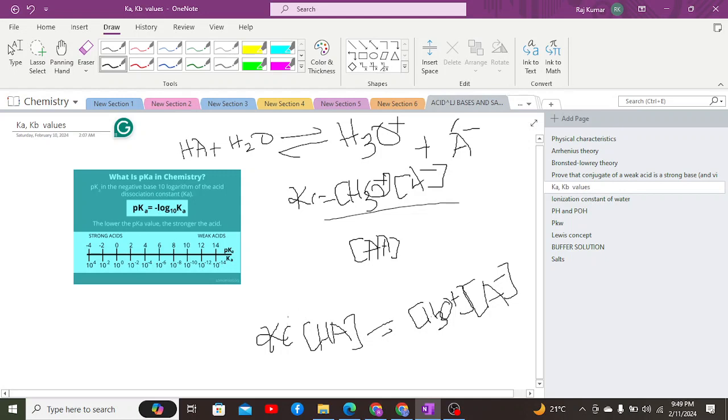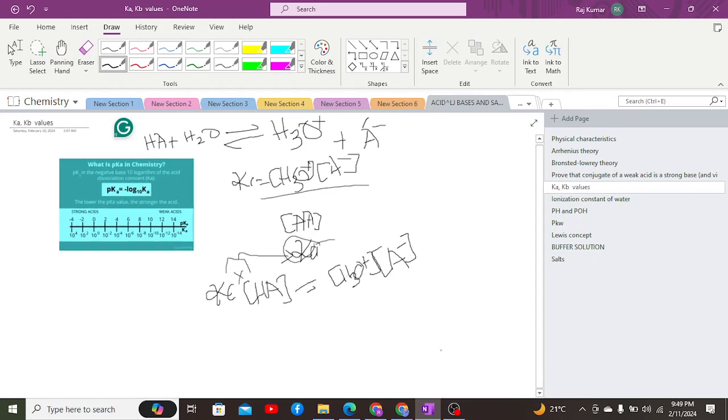Now here, the product of Kc and HA basically forms another constant, known as Ka, since the product of two constants is a constant. So the product of Kc and HA is the value Ka, which is the acid dissociation constant.